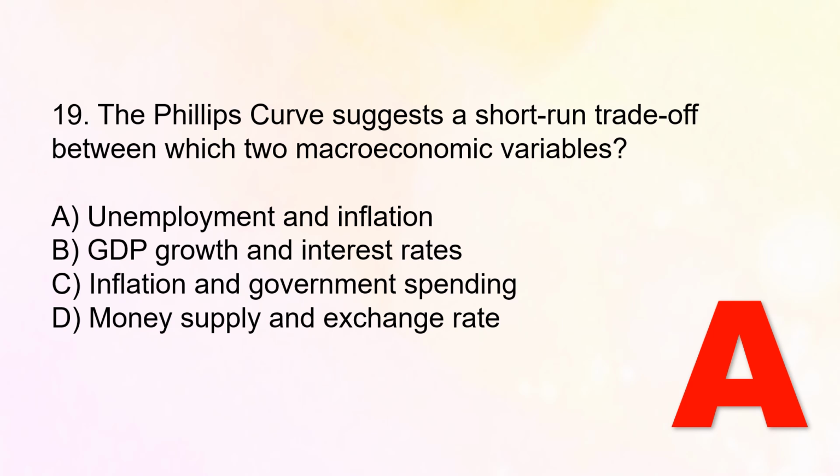Letter C is incorrect because government spending is not part of the Phillips curve. Letter D is incorrect because the money supply and exchange rate relationship depends on monetary policy, not the Phillips curve. So only letter A is the correct one.